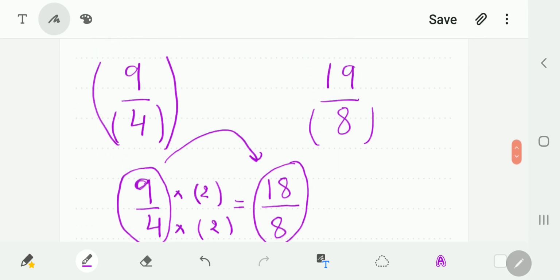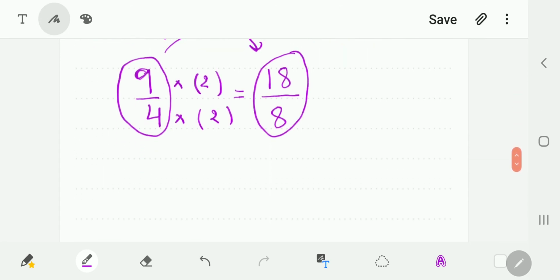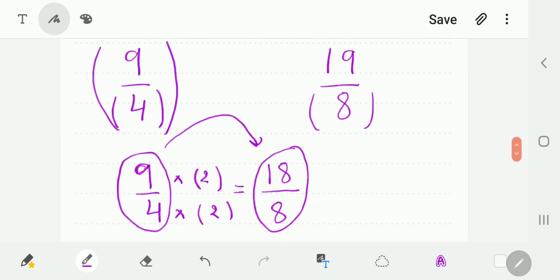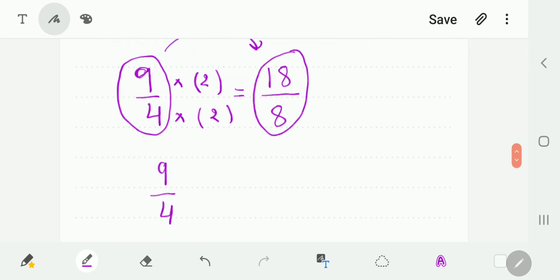So I go back to my comparison. Now I can compare 9/4, which is equal to 18/8.